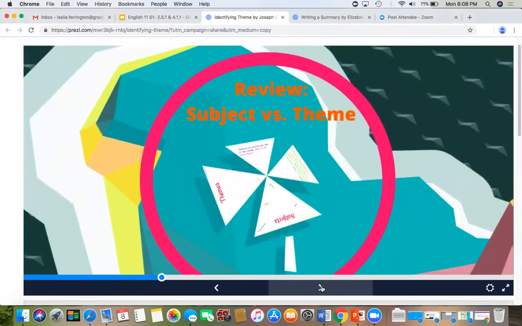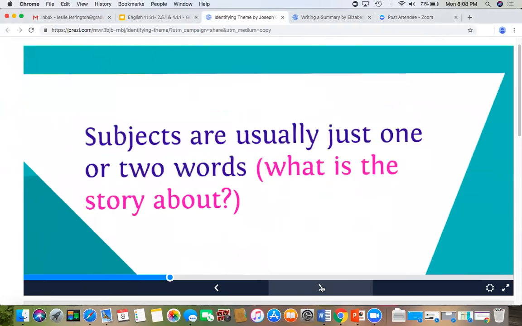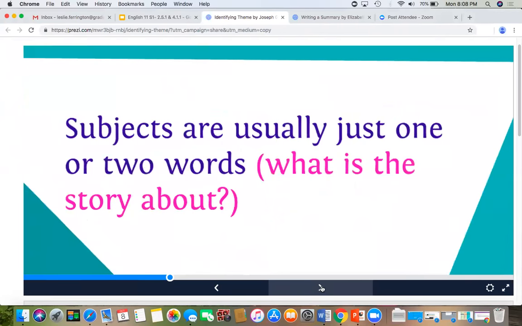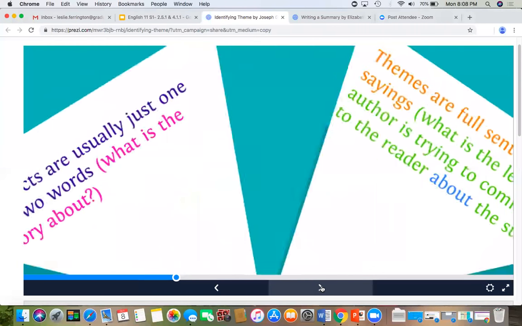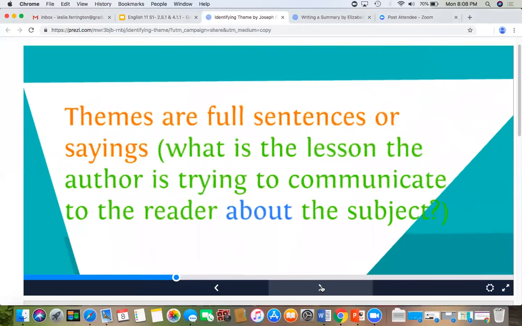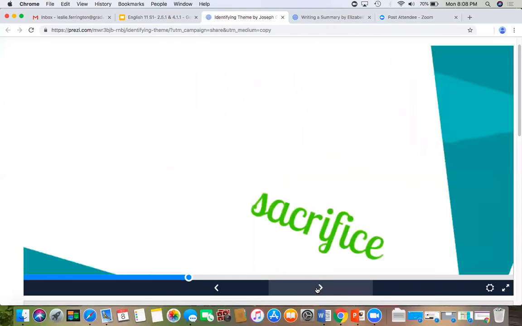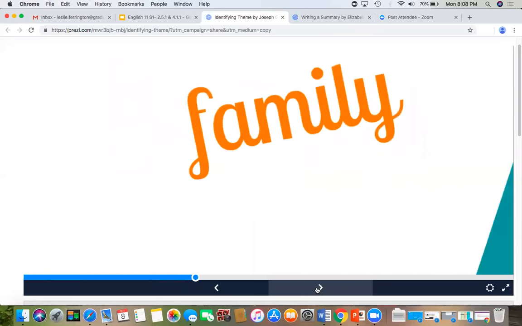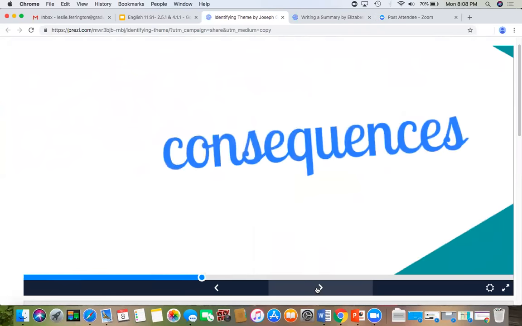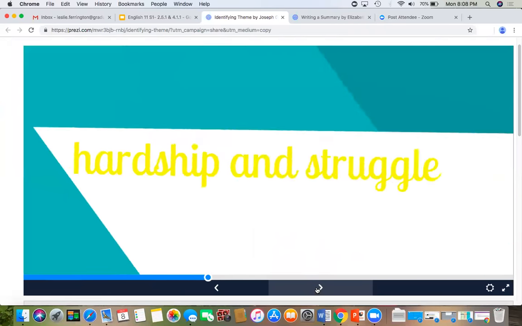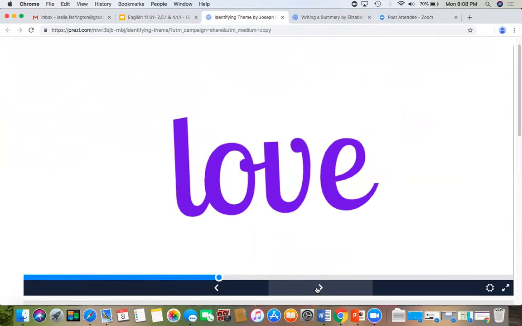So subject versus theme, if we're looking at these. Subjects are usually just one or two words. So what is the story about? Themes are full sentences or sayings. What is the lesson the author's trying to communicate to the reader about the subject? So we see subjects can be like sacrifice, family, consequences, hardship and struggle, and love.